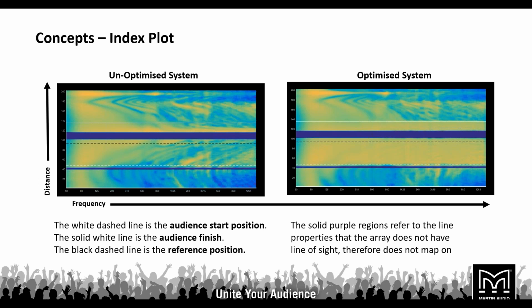The white dashed line represents the beginning of your audience position, so the audience start. The solid white line farther up represents the audience finish. The black dotted line is our reference position. And those solid purple regions are the purple regions that we saw a second ago that the array doesn't cover directly.